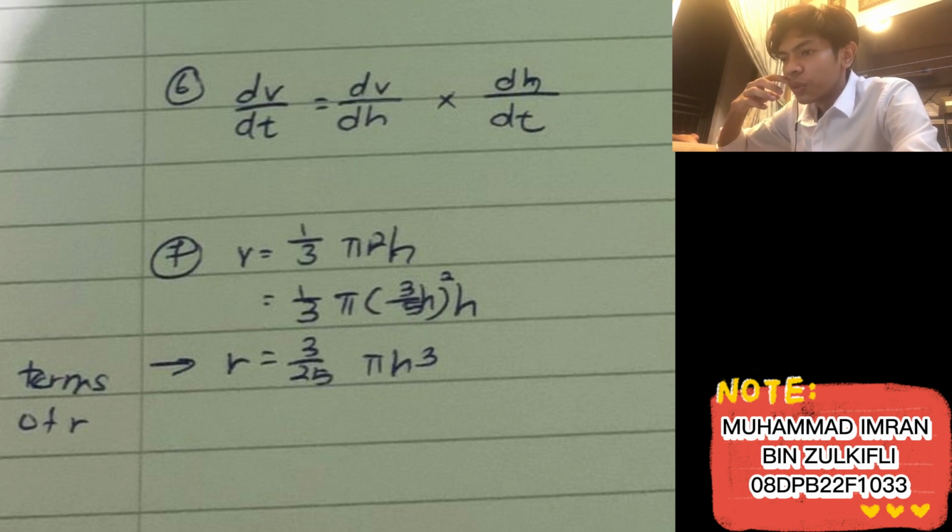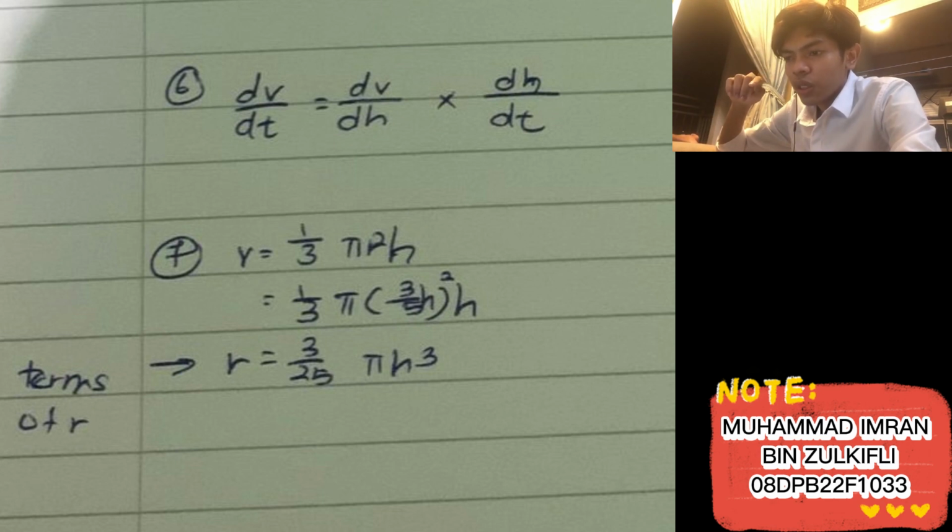Based on the equation given, we need the formula of the volume of the cone: V equals 1 over 3 pi r squared multiplied by h.